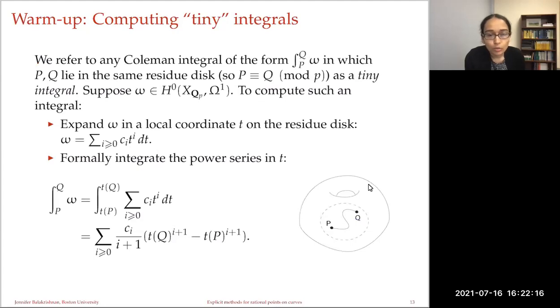And then we formally integrate the power series term by term, and then evaluate the corresponding parameters associated to the endpoints. So that's perhaps what you expect. If you have an integral, it's a natural thing to try to do, and this is sensible within a residue disk.